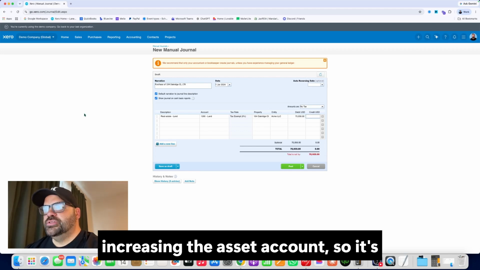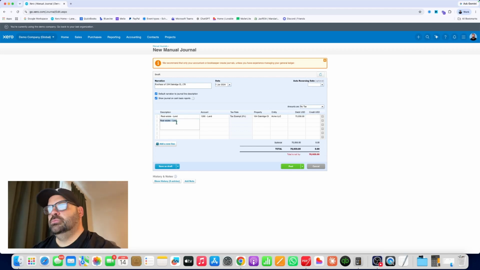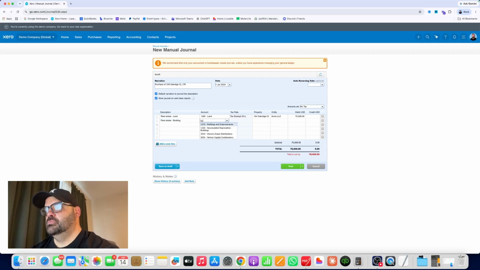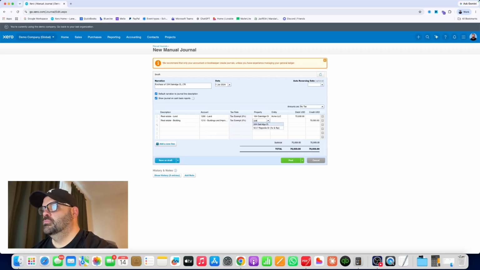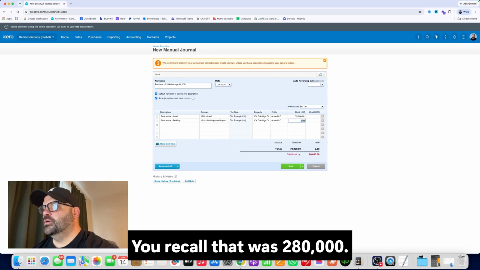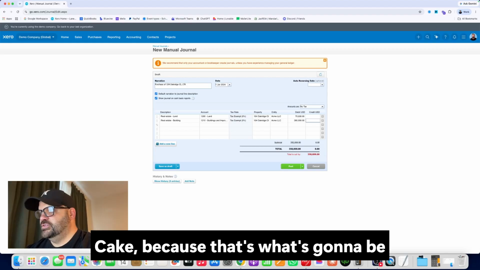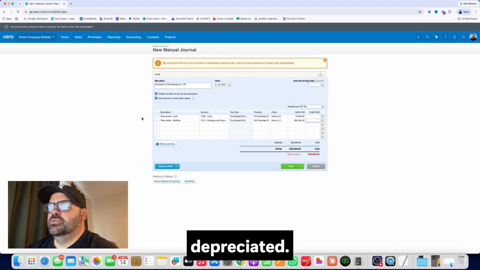We are increasing the asset account, so it's going to be a debit. Second thing we're going to do is the building. If you recall, that was $280,000. Okay, because that's what's going to be depreciated.